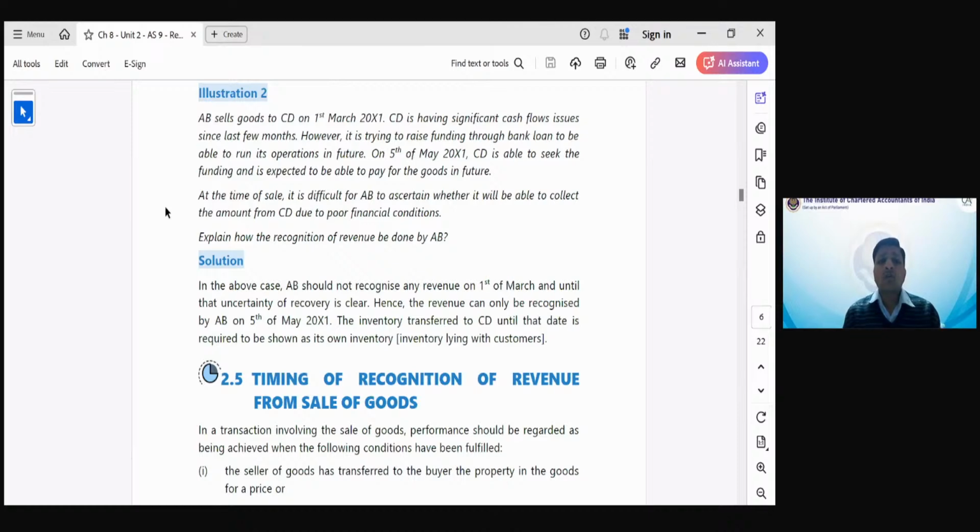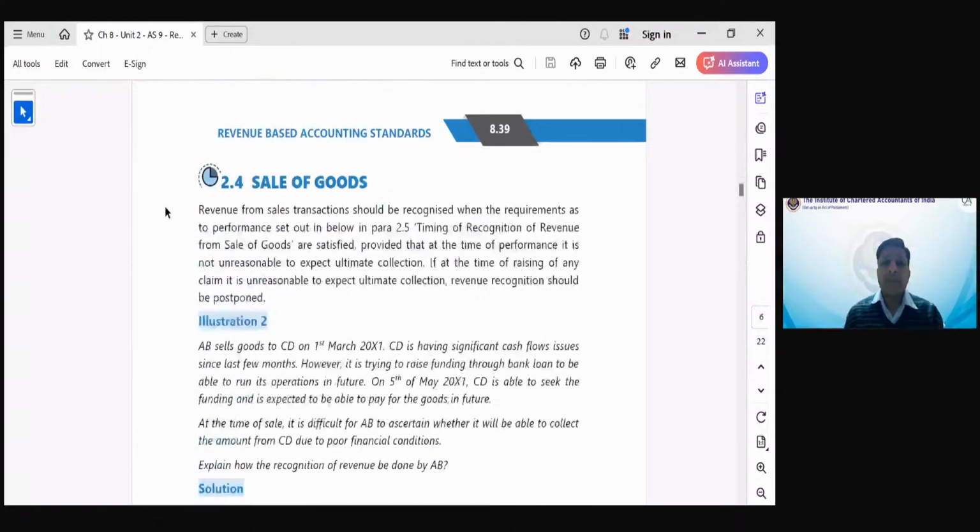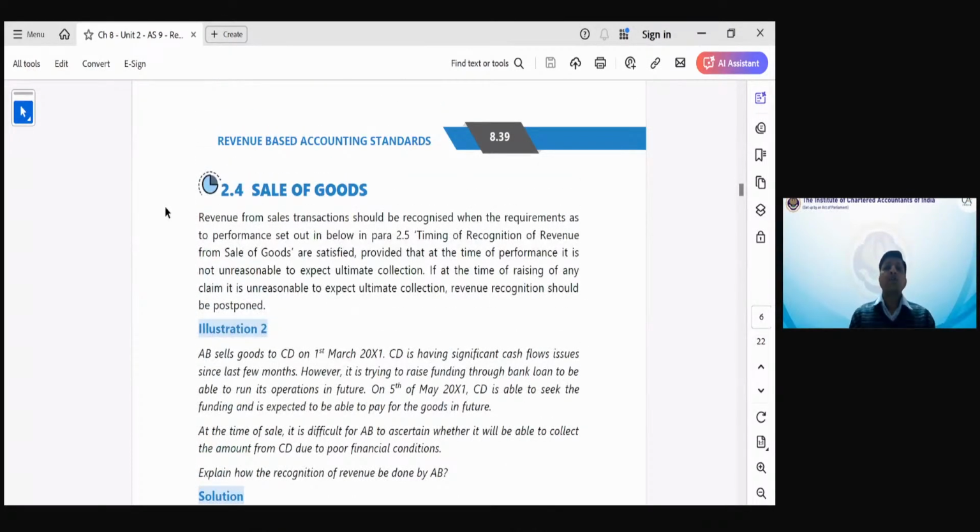AB sells goods to CD on 1st March X1. CD is having significant cash flow issues since the last few months. Cash flow issues means money is a problem for CD.